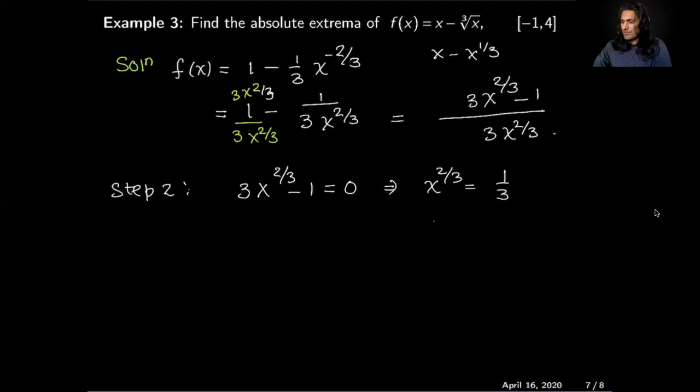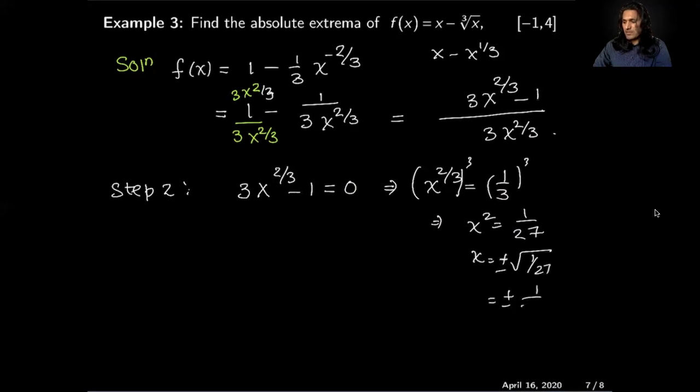If I cube both sides, it's going to be x squared is equal to 1 over 27. Therefore, x is equal to plus or minus the square root of 1 over 27, which is the same as plus or minus 1 over 3 square root of 3.